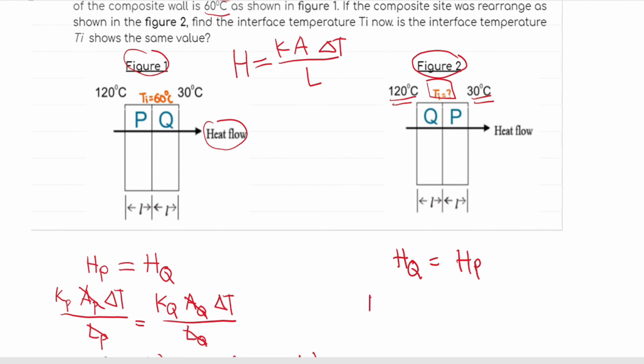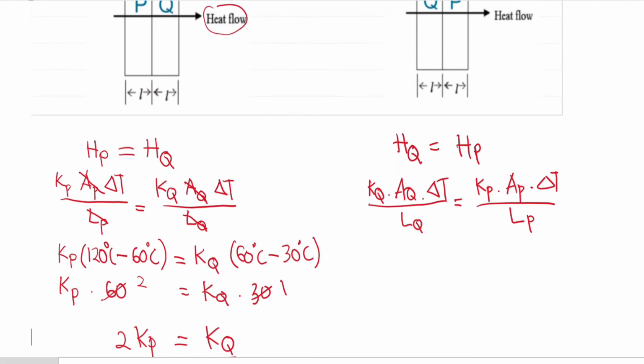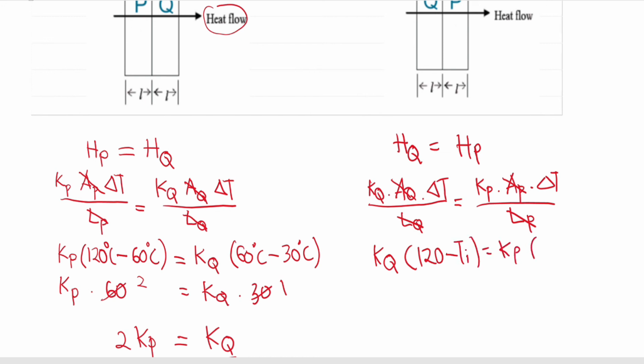So we can write KQ AQ and temperature difference per LQ equal KP AP temperature difference per LP. Then we can eliminate the cross-sectional area and thickness because both walls are equal. So we can write KQ times 120 minus Ti equals KP times Ti minus 30.